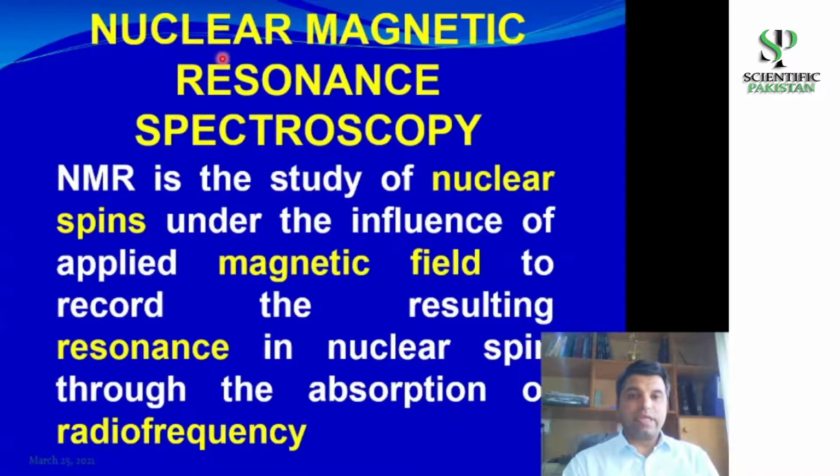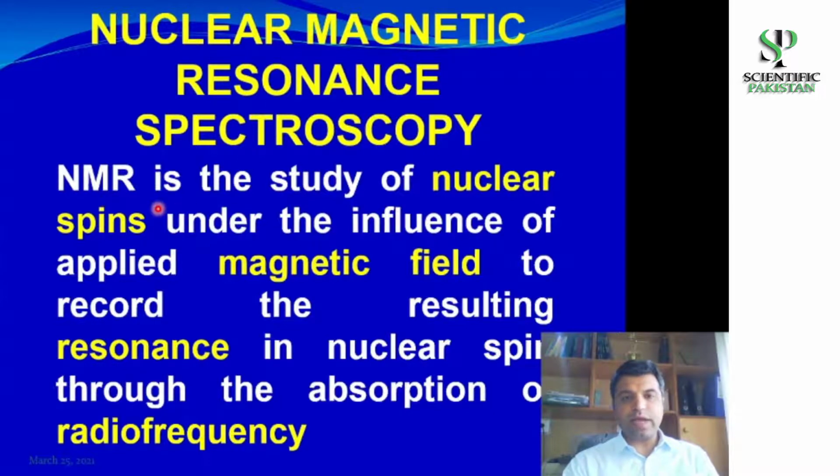Nuclear means the nucleus. So we are going to study the nucleus of any atom present in a molecule in NMR spectroscopy. Magnetic means we are going to study the behavior of this nucleus under a magnetic field. And finally, we will observe resonance in these nuclei.